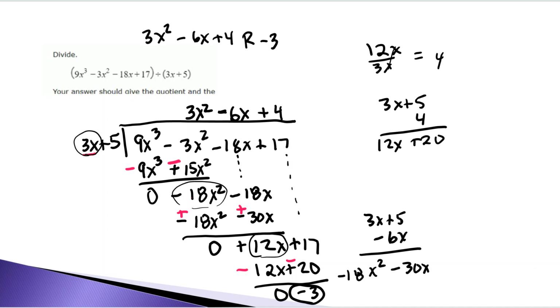Or I could write my answer as 3x squared minus 6x plus 4 plus negative 3 over 3x plus 5. Or actually, I could clean that up a little bit more and put that negative out in front there.